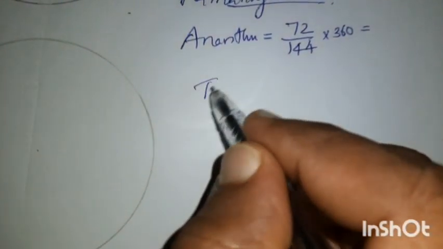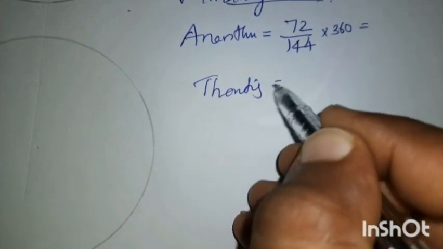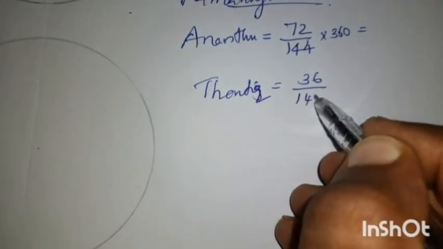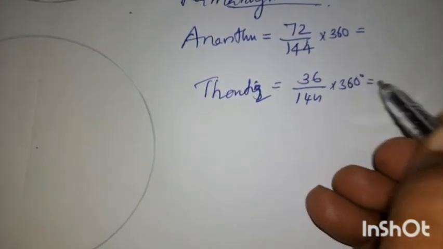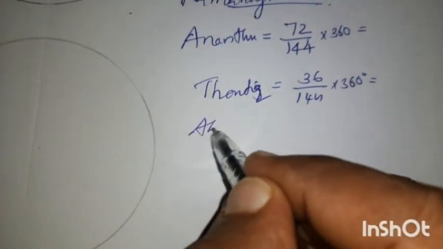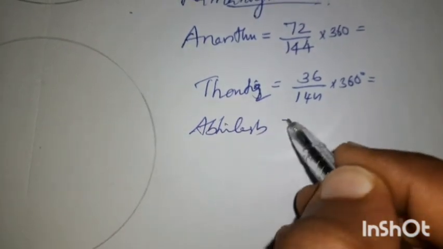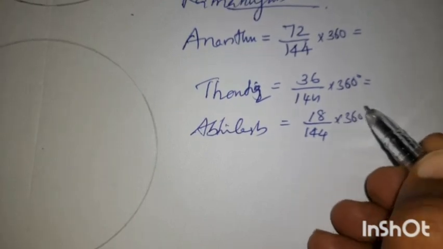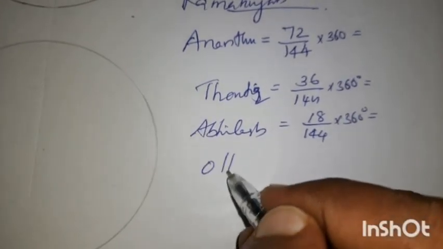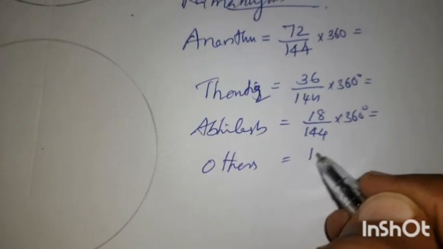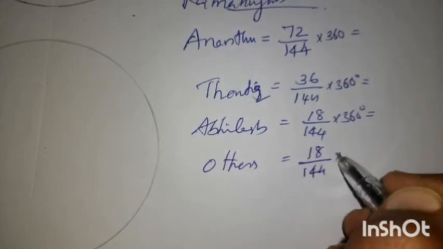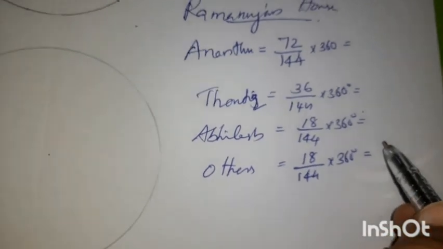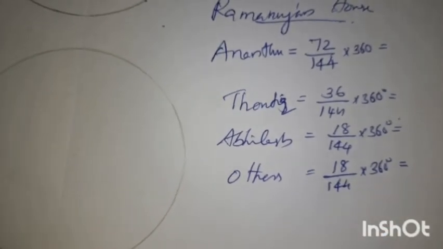Then next Taufik took 36 runs out of 144 multiplied by 360. Next one Abhilash took 18 runs out of 144 multiplied by 360. Then others, 18 runs out of 144 multiplied by 360. Each angle you have to find out, then draw the pie chart.